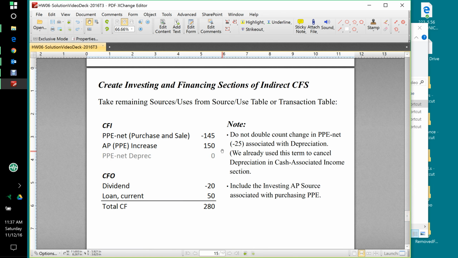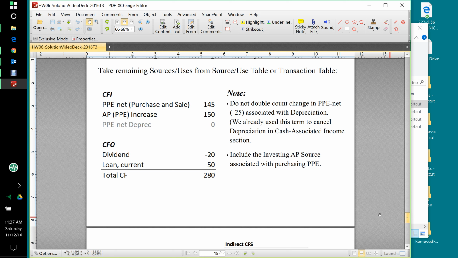Here's what we've got. I've got all of those items: change in PPE associated with purchase and sale of PPE. That's net negative cash flow. And we have the net positive or net source from the invoice associated with the purchase. And then now, whoops, that says CFO.